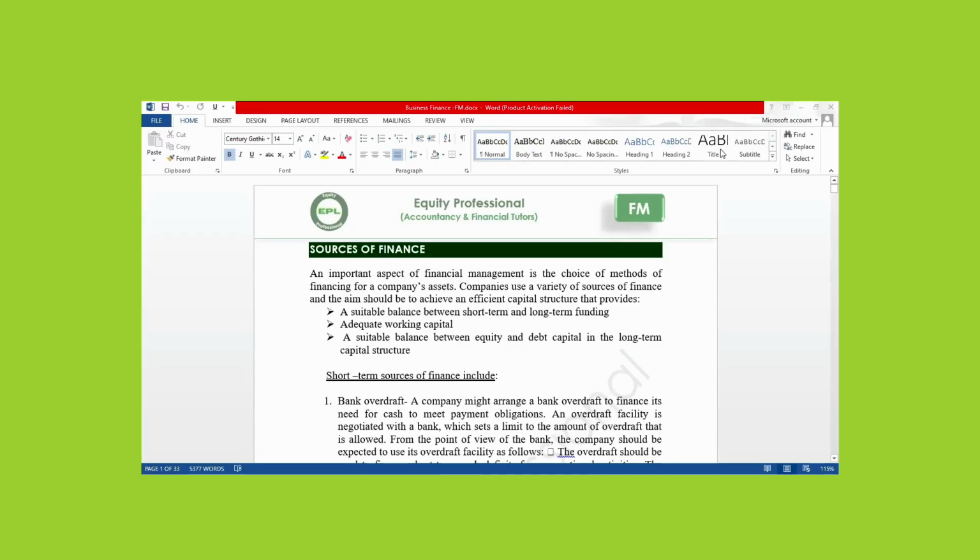A quick recap of our discussion. We try to emphasize that the method of financing a company's assets is a major aspect of financial management.